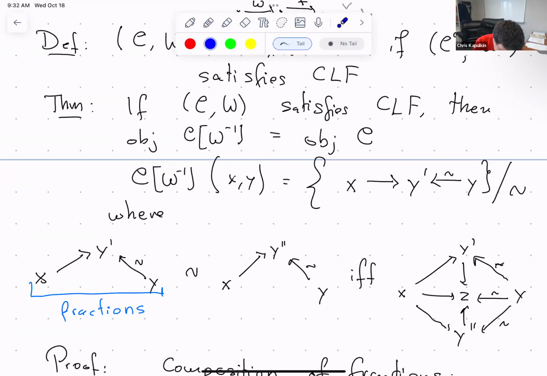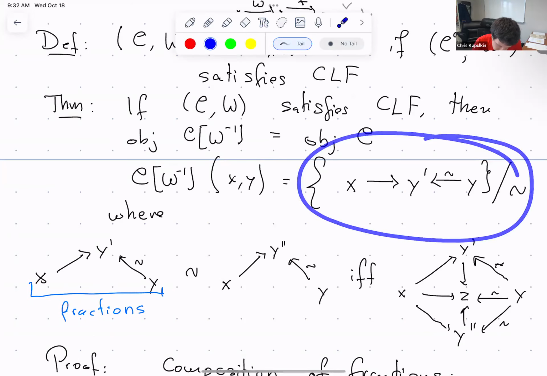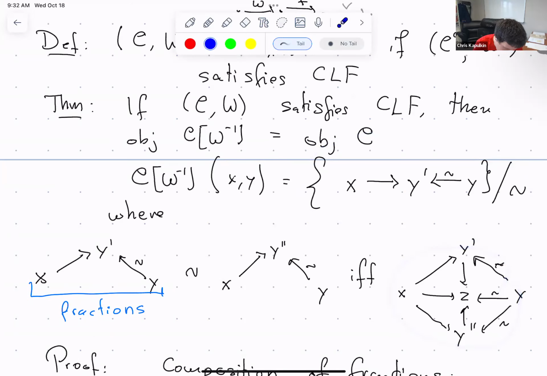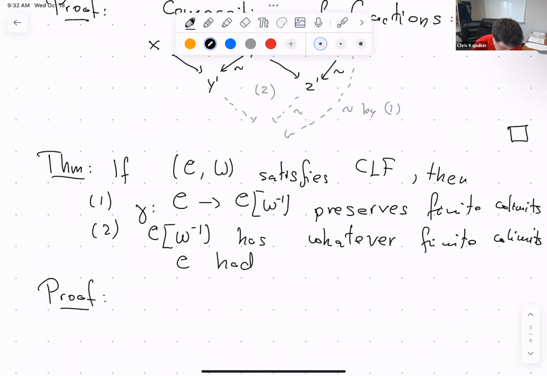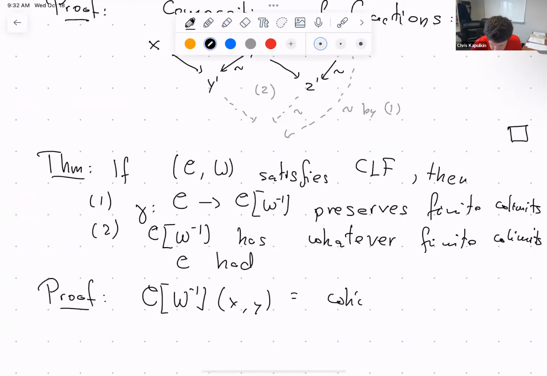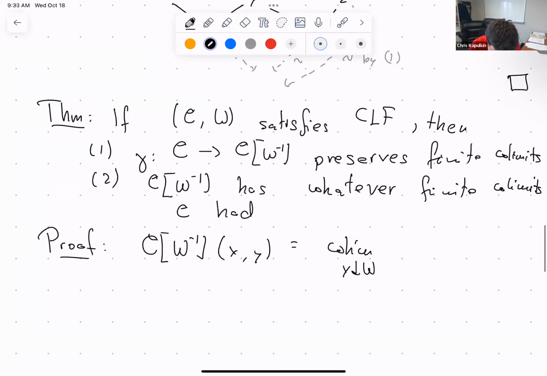Okay, if you unwind the definition of this and this equivalence relation, then what you're going to see is that the mapping spaces, or the mapping sets in this case, can be written as a colimit. So it's a colimit over the category Y down arrow W. I'll tell you in a second what it is. Let me just finish this expression.